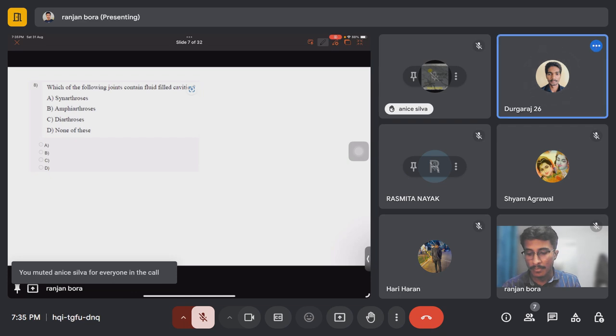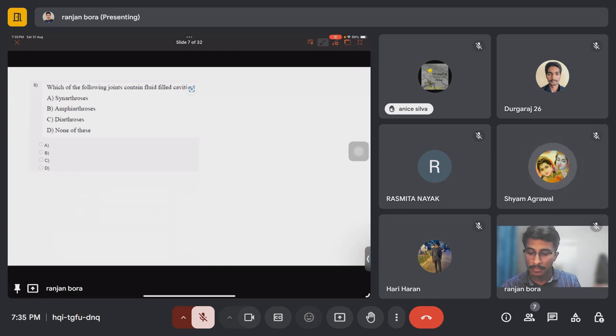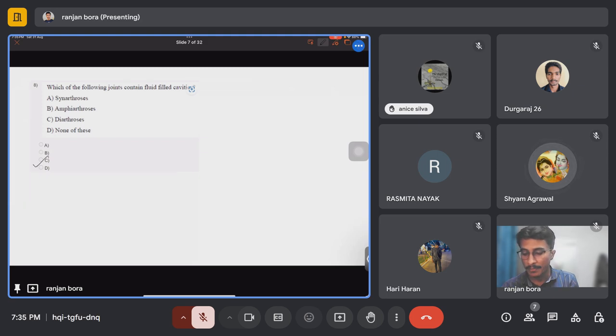Amphiarthrosis. Diaphysis. Diarthrosis. These are also known as synovial joints.